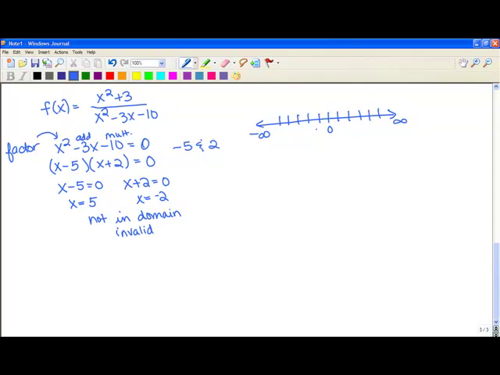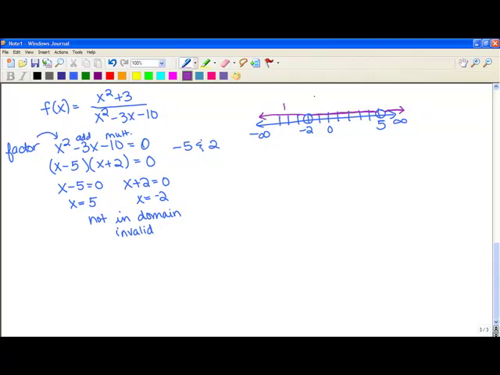Okay, so at negative 2, we have an open dot, and also at 5, we would have an open dot. Next, I'm going to draw the arrows representing all the numbers that are valid. So all these numbers going to the left are valid. All these numbers here in the middle are valid numbers. And then these numbers over here on the right are valid.